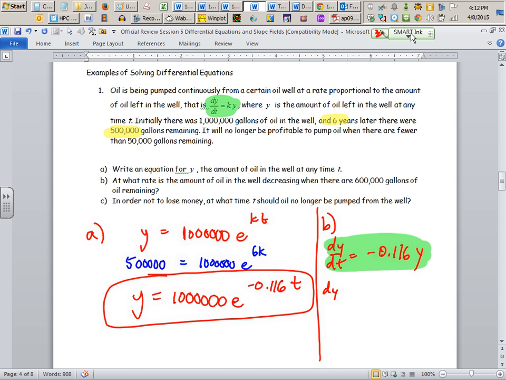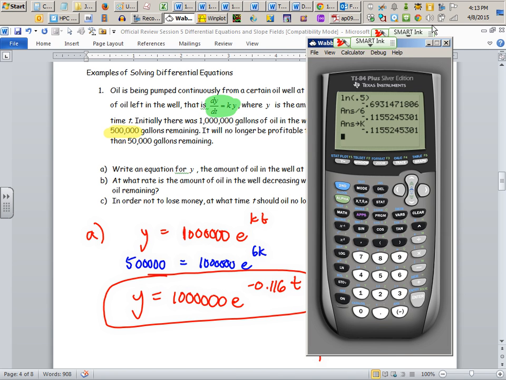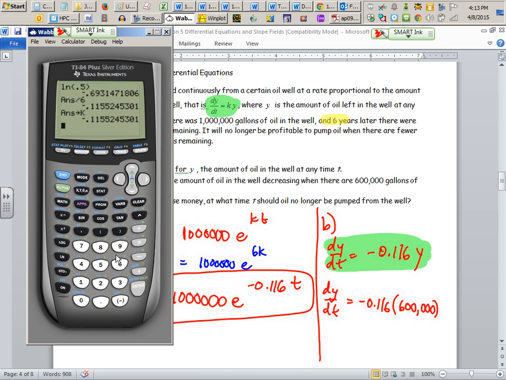We want the rate, right? So we're going to plug in 600,000. So in my calculator, I'm going to type that as 600,000 K. So what is 600,000 K?